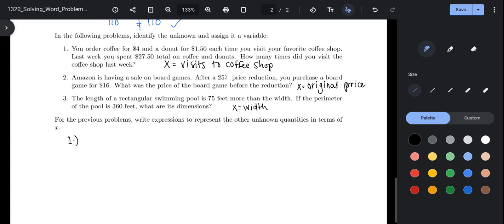So each visit, we're spending $4 on a coffee and $1.50 on a donut. So let me write that out. So 4 times the number of visits is going to tell me the total amount for coffee. And then for the donut, that's $1.50 each time we visit. So that's going to be the total amount for donuts.